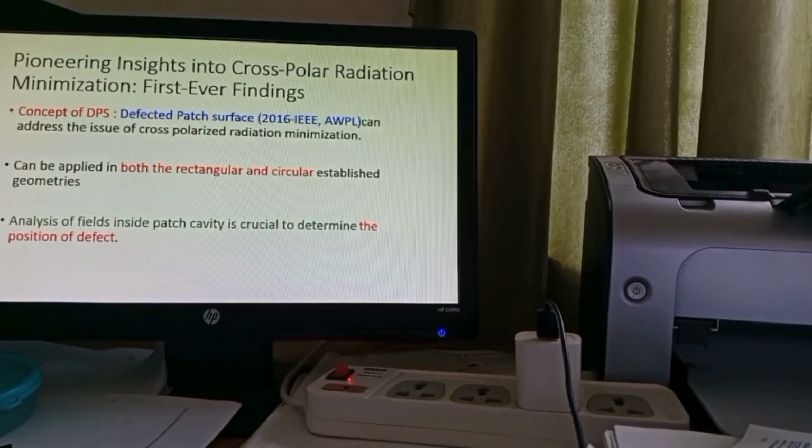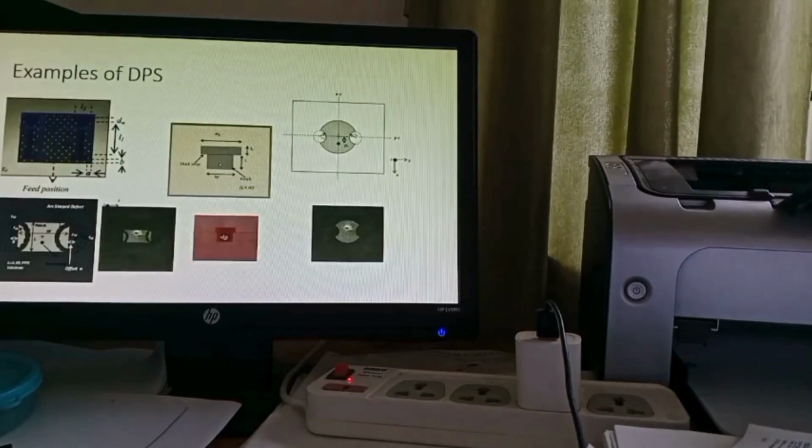Okay, and here the analysis of the fields inside the patch cavity is very crucial to determine the position of the defect. Where we will put the defect is not something we can easily find. We need to carefully inspect the field configuration beneath the patch, within the patch cavity, so accordingly we can put the defect.